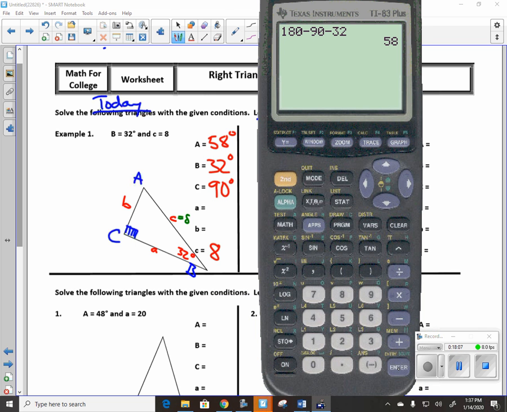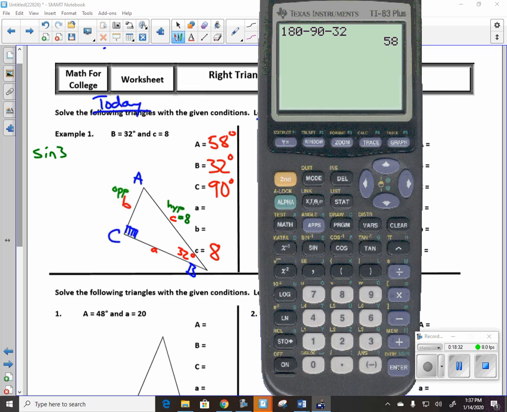We know side C is 8. Would you like to find side B or side A? You choose. She wants to find side B. Side B is the opposite from that angle, and side C is the hypotenuse from that angle. So she chooses to use sine.